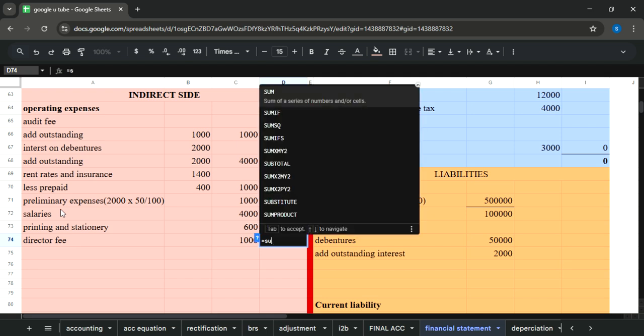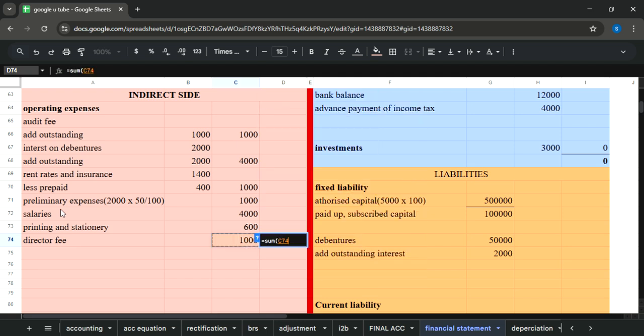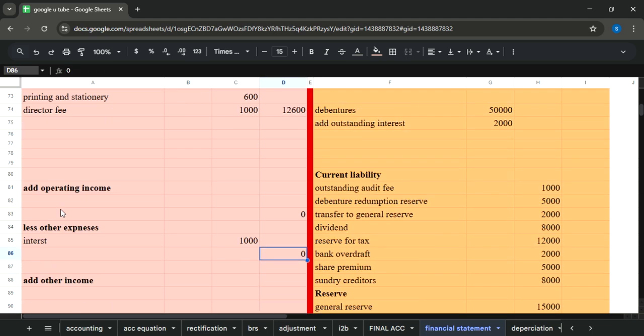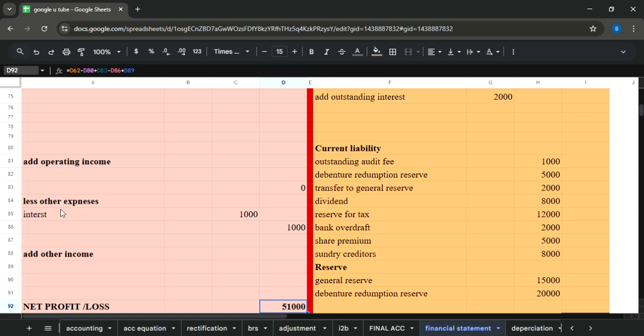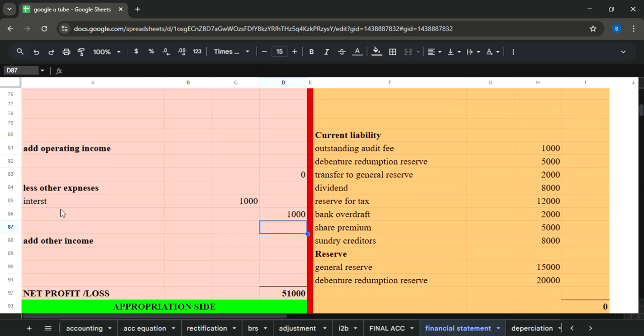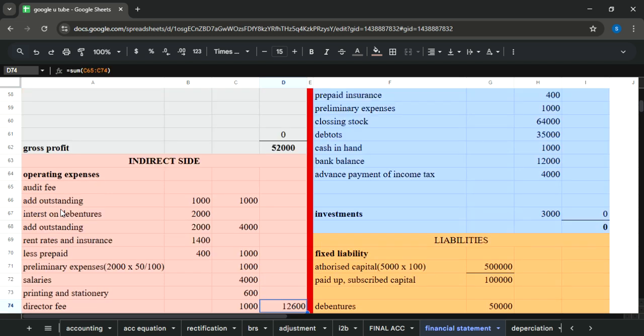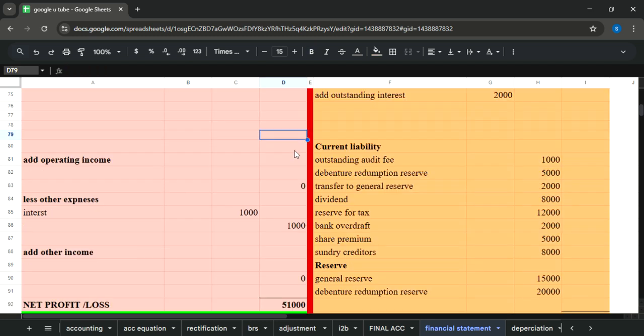It means we can take the sum of all operating expenses. It is completed. Now let's see, operating income is not present. Operating expense is present, that is 1,000. No other income is present. So you may write 0 over here as well. So let's get back. 52,000 was your gross profit. It means now we can calculate our net profit.